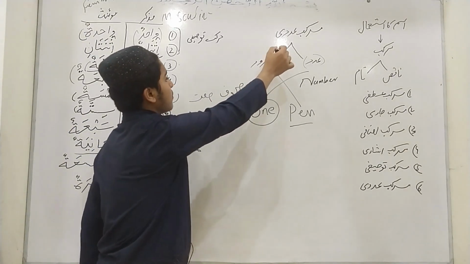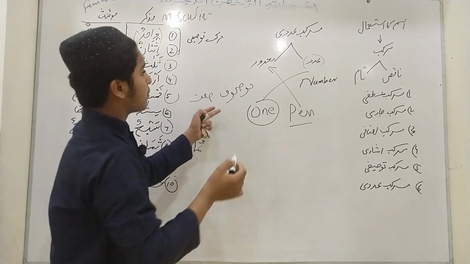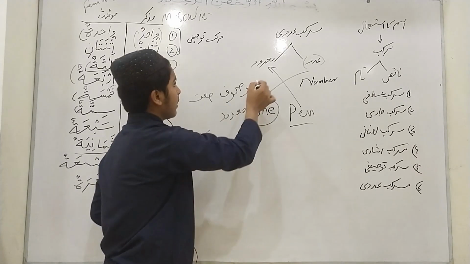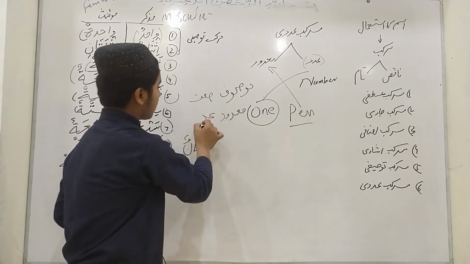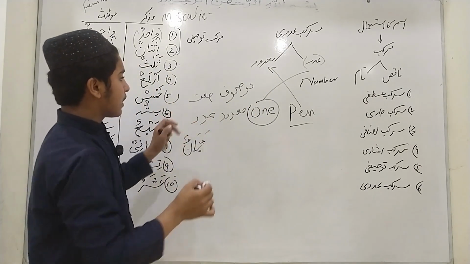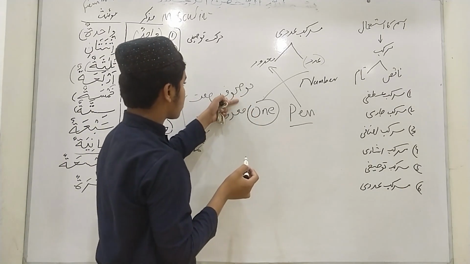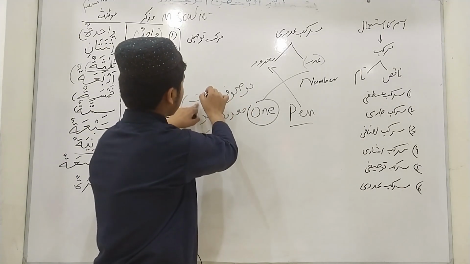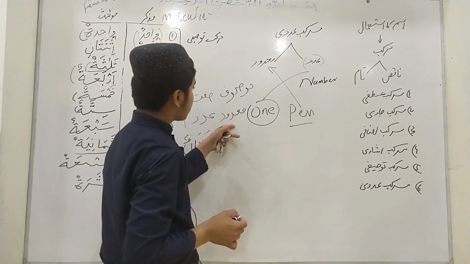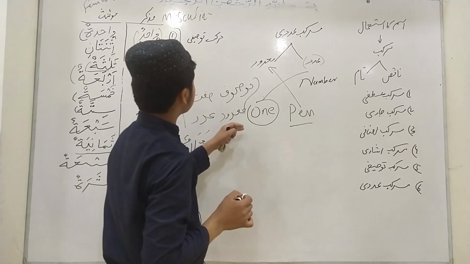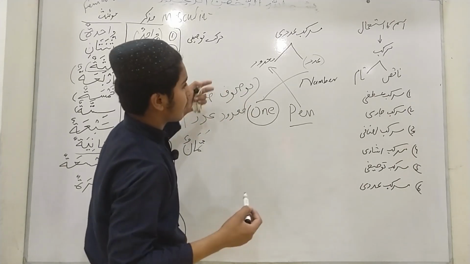In this, in Murakkab Adadi, Madud will come first and Adad will come after the Madud. Its configuration is the same because here in Murakkab Tawsifi, Mawsuf comes first and sift after the Mawsuf, and in this Madud and Adad keep a similar value in the grammar.